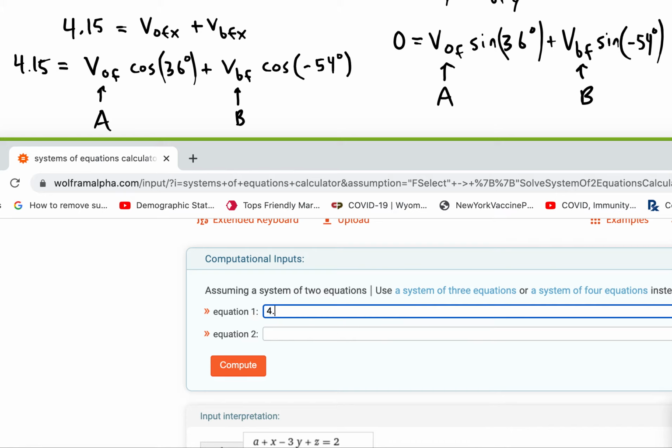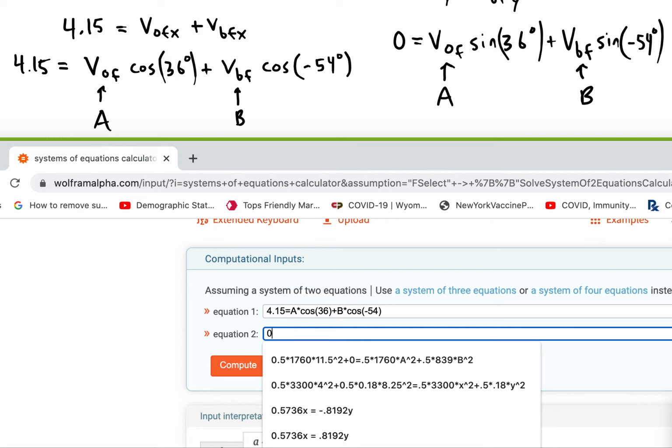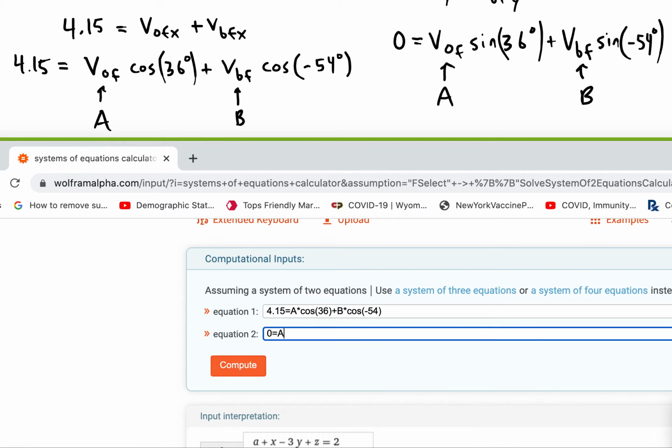We'll have 4.15 equals A times cosine of 36 plus B times cosine of negative 54. That's one equation. The other one would be 0 equals A times sine of 36 plus B times sine of negative 54.